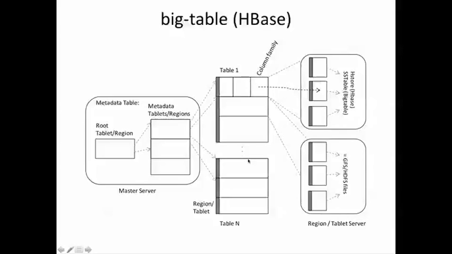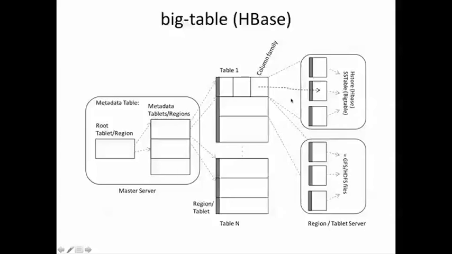Each tablet in turn is broken up into column families, each containing a set of columns from among those in that row. Each column family, which contains a particular set of columns spanning multiple rows, is stored in a chunk of the distributed file system, be it GFS or HDFS.